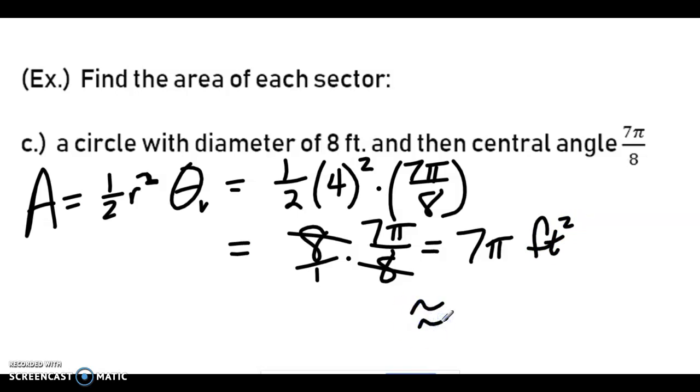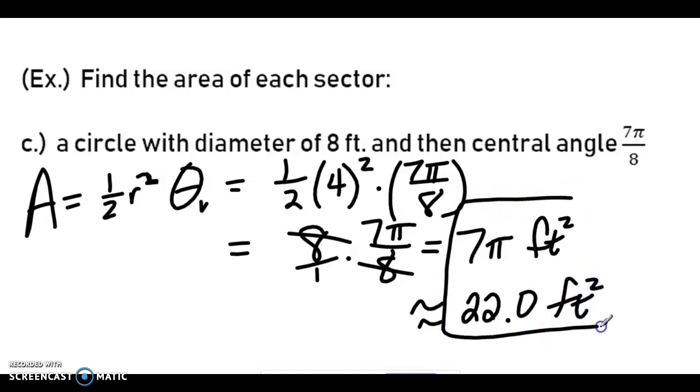And then the decimal approximation, 7 times pi, what do we get? 22? 22.0 feet squared. So both of those would be acceptable. Well, I want both.